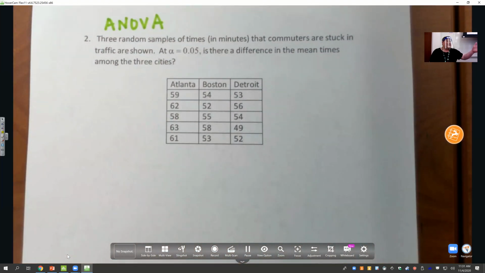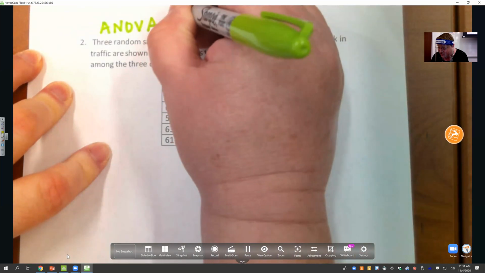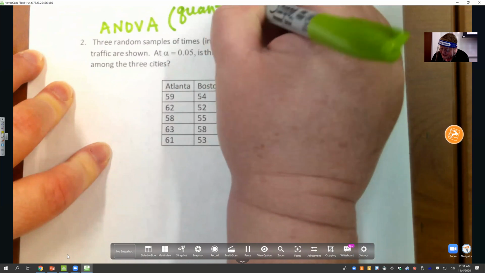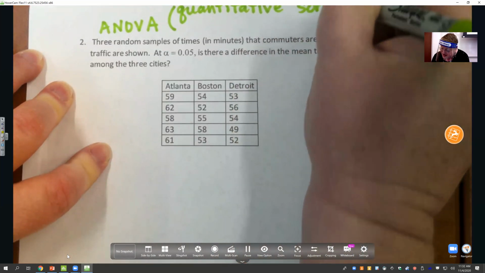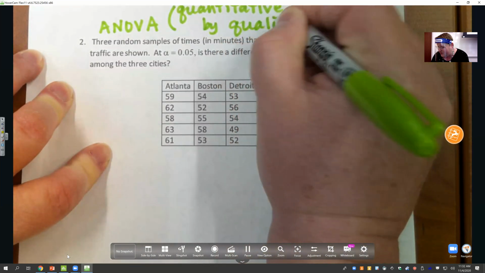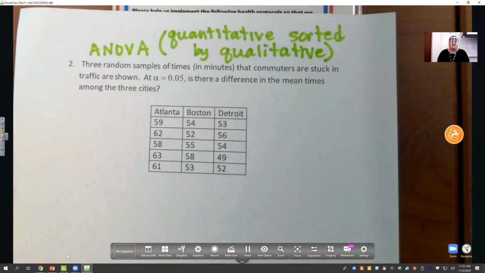Now, usually we wait a little bit. That's usually step 3. But again, when you read the problem and you realize, oh, I've got quantitative sorted by qualitative, that's ANOVA. Okay, I'll make us a note here that this is quantitative sorted by qualitative. We have times sorted by cities.